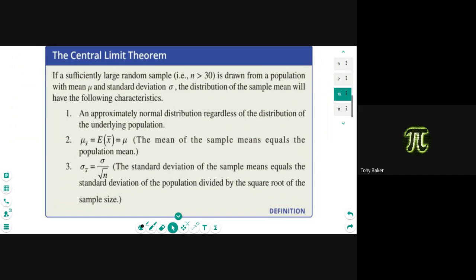It is drawn from a population with a mean and a standard deviation. The distribution of the sample mean will have the following characteristics. It'll be approximately normal, which is what we were just saying. The mean of the sample would equal the mean of the population.